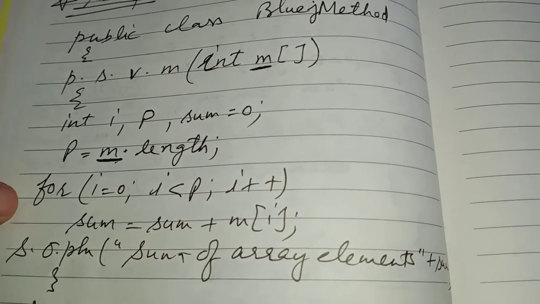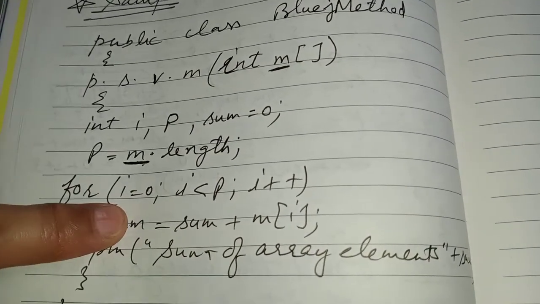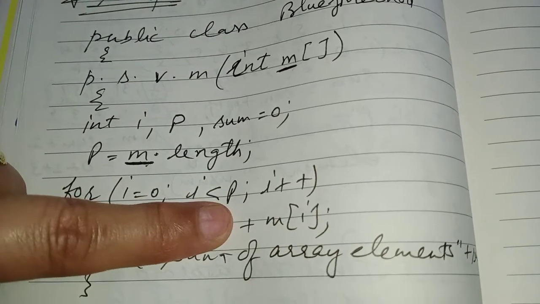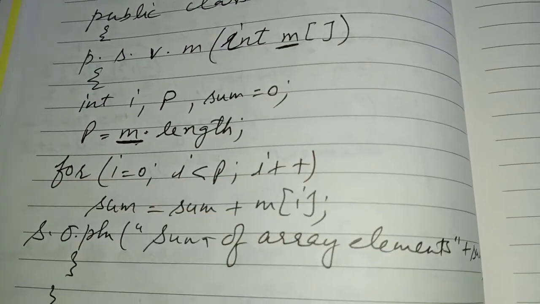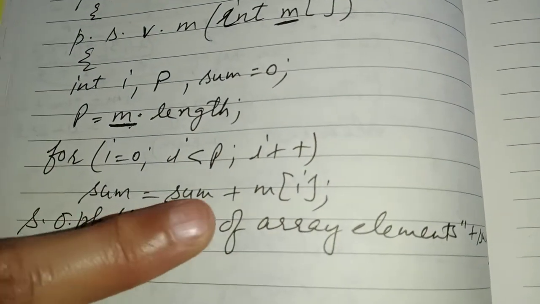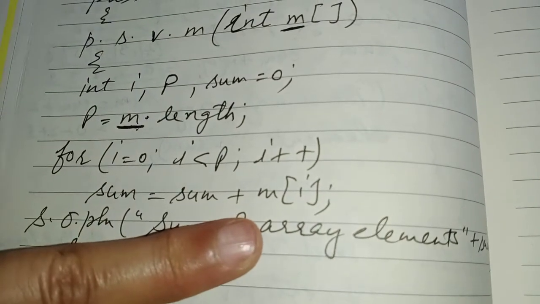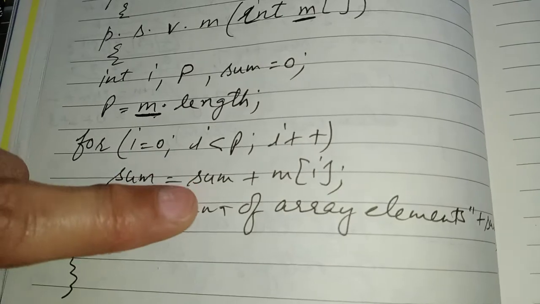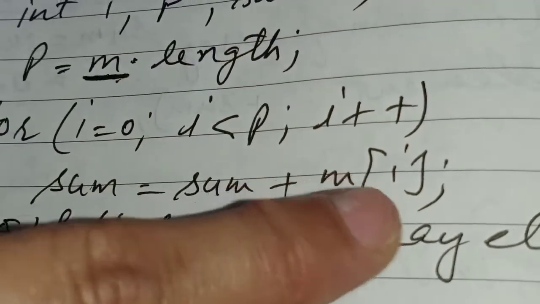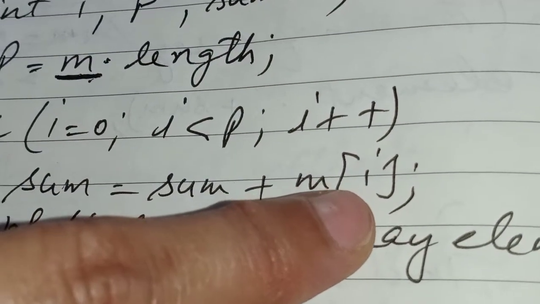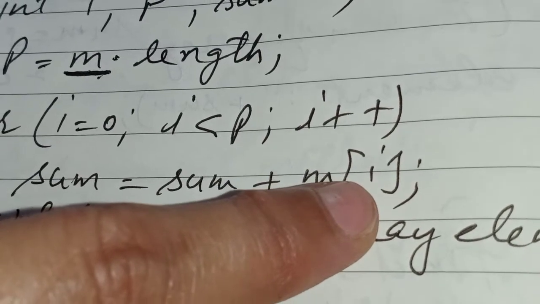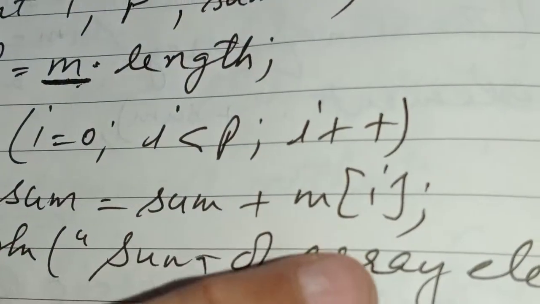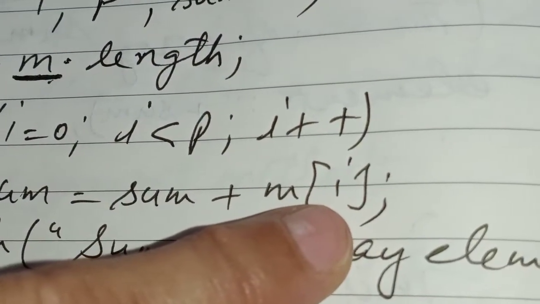Now we will work with a for loop. for i is equal to 0, i less than p, that is the length, i plus plus. Then sum is equal to sum plus m[i], same way as you have done in the previous assignment method. We will not write here only m with a subscript, and i will change every time, first 0, 1, 2, 3 and so on, and every time it will get the value from the subscript.